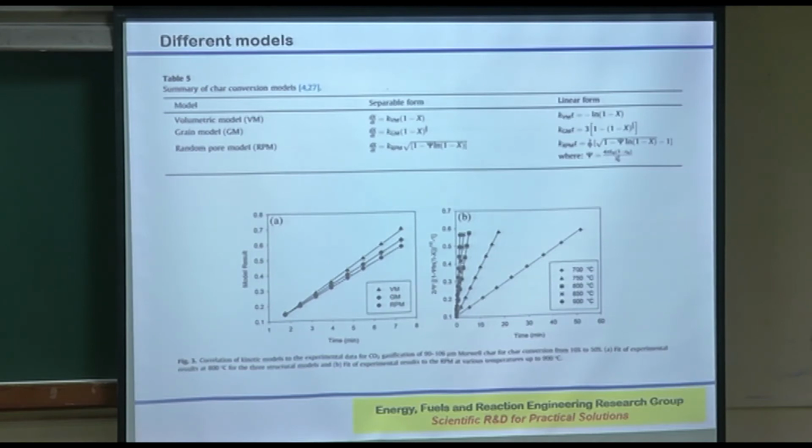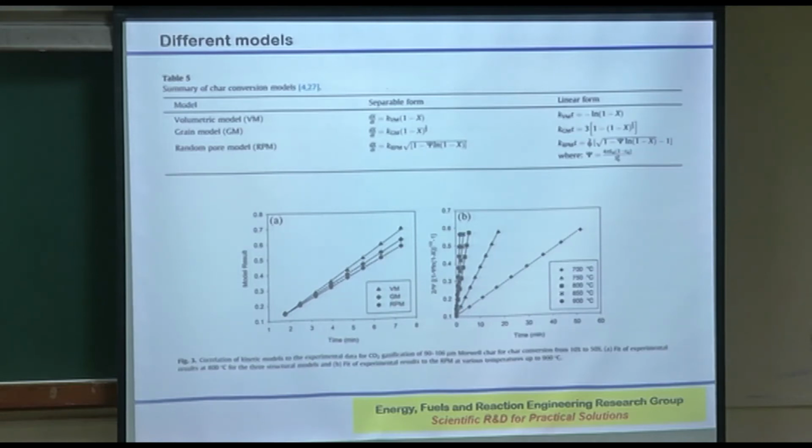Second one is the experimental data for the random pore model. In the first case, all you are doing is predicting what will happen if you take the char conversion for a particular size, which is the larger particle size.